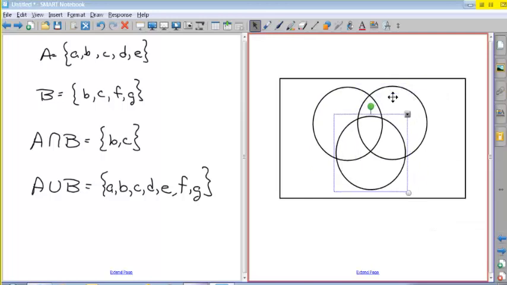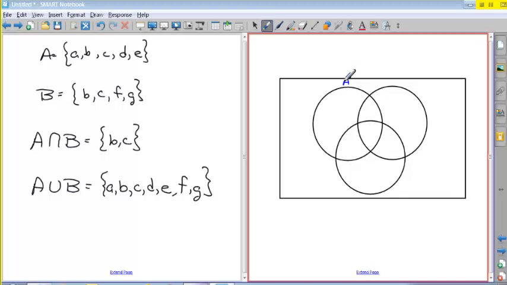There's a problem like this where there are three sets, A, B, and C. And then I give you things like n of A is some number, 35. That's the number of elements in set A. It's really called the cardinality.